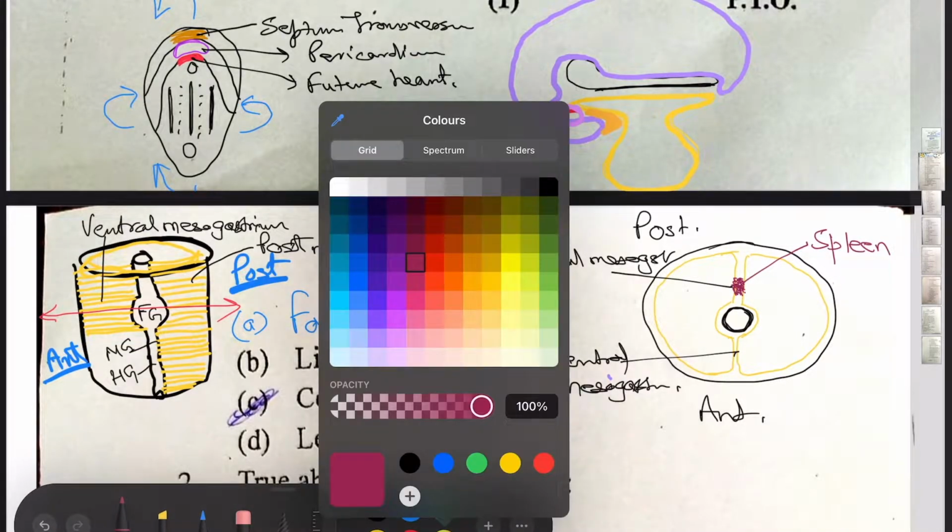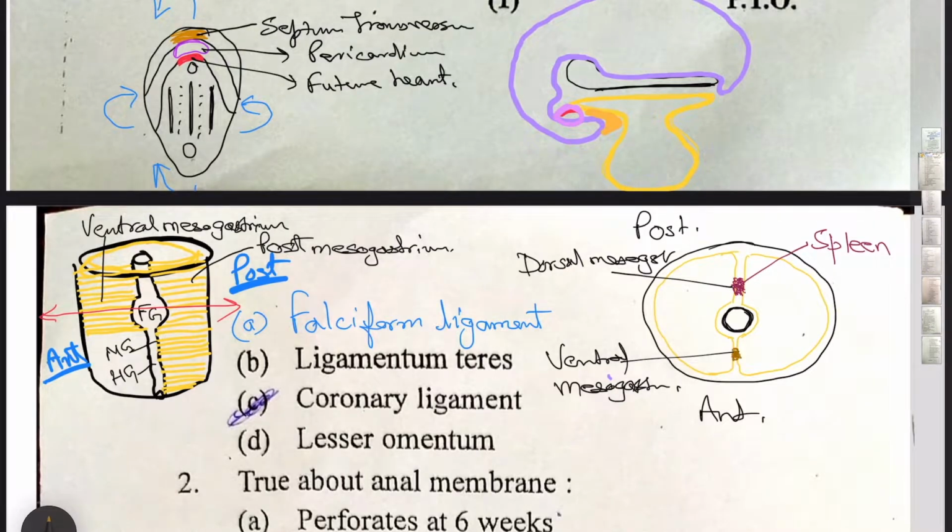And there is also a collection of mesenchymal cells here in the ventral mesogastrium. This will develop into liver in future. It will provide the mesodermal component to the liver. However, from the foregut region there is an endodermal bud, the hepatic bud, which contributes to the endodermal portion. So liver is endomesodermal in origin.